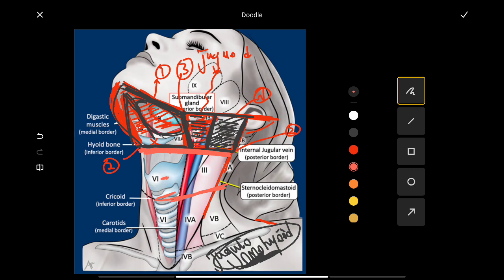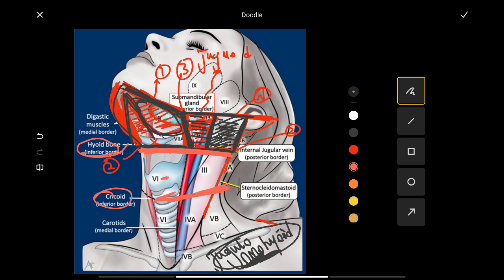The inferior border of the cricoid, if you take a line from it behind like this, will be the inferior border of level 3. So level 3, which is the middle deep cervical lymph nodes, extends from the hyoid above to the cricoid below. So superior border is hyoid, inferior border is cricoid.